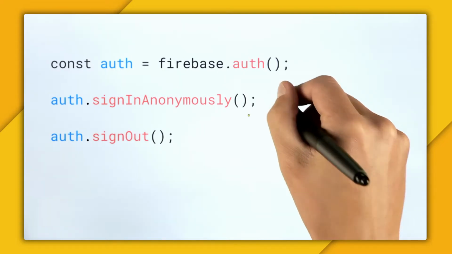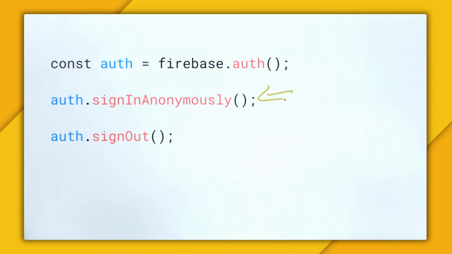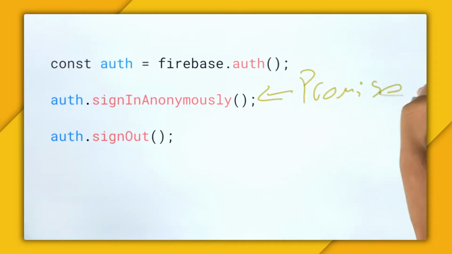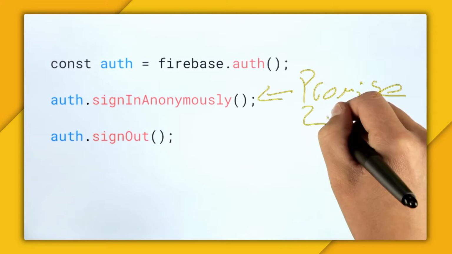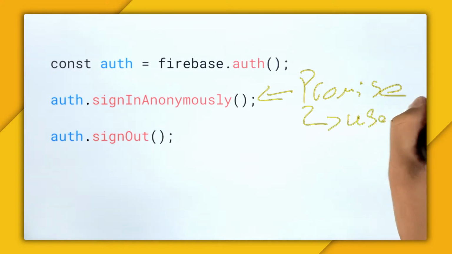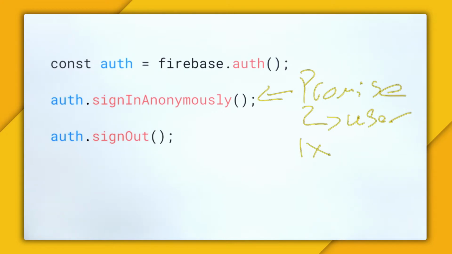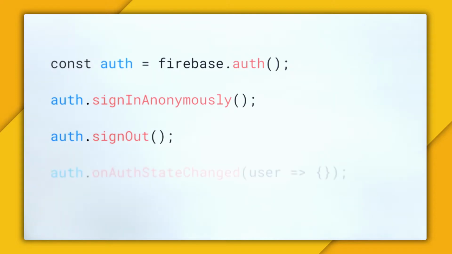So auth.signInAnonymously will return to us a promise. And the nature of a promise is it allows us to asynchronously resolve the user's data. But a promise only fires off one time. So if we want to monitor authentication state in real time, we need to use the method auth.onAuthStateChanged.